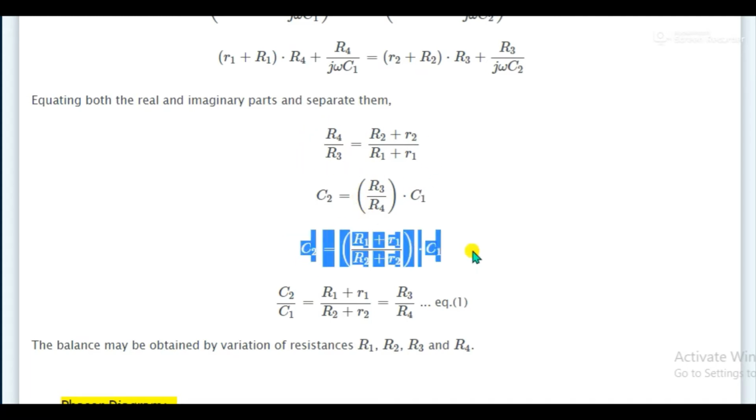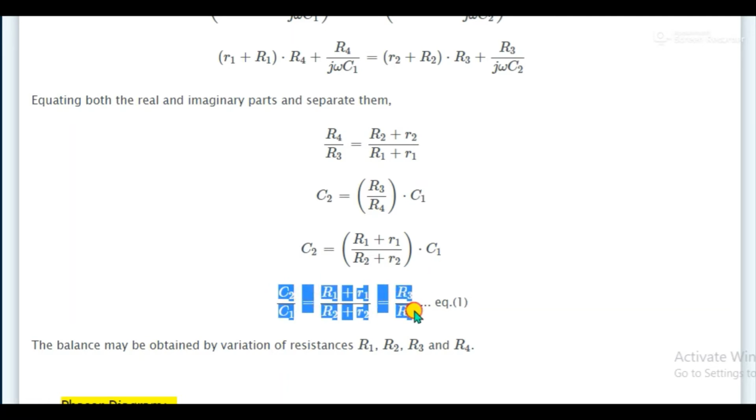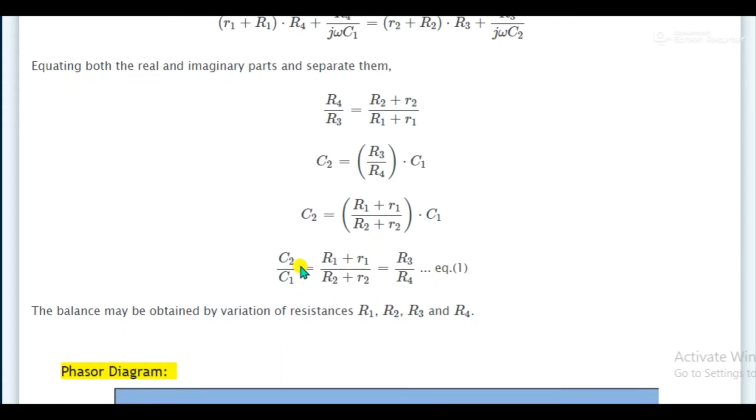This is the value we get, and what you can keep in your mind is this last equation, equation 1: C2 upon C1, the ratio of the capacitances, is equal to (R1 plus small r1) upon (R2 plus small r2), which is equal to R3 upon R4.